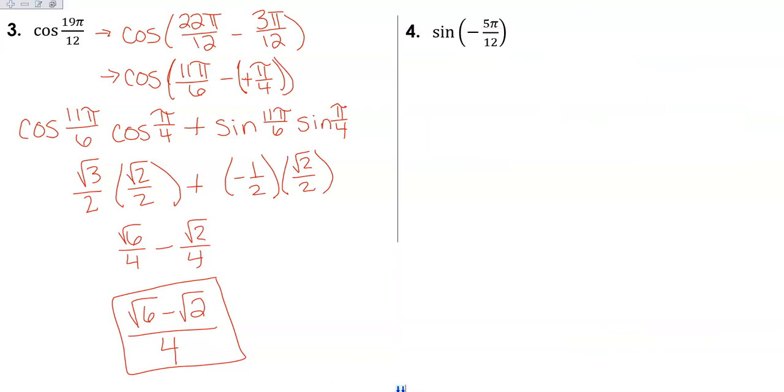So when we look here, I have a negative 5 pi over 12, and I want to break this apart into the difference of fractions. So again, my denominator is 12, so I want to break this up into things that are going to reduce nicely. So what I like to do here is I'm going to say, okay, this is negative 3 pi over 12 minus 2 pi over 12.